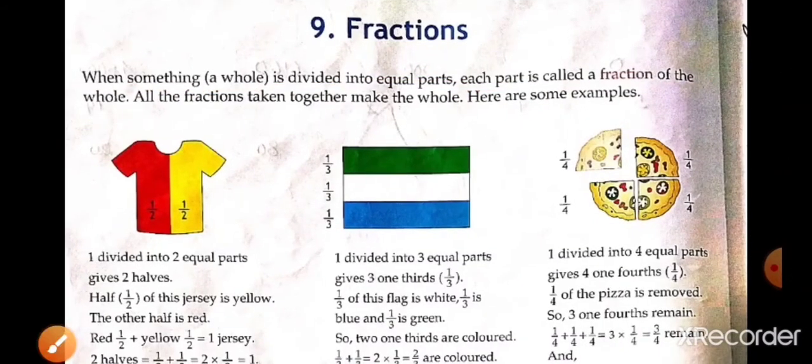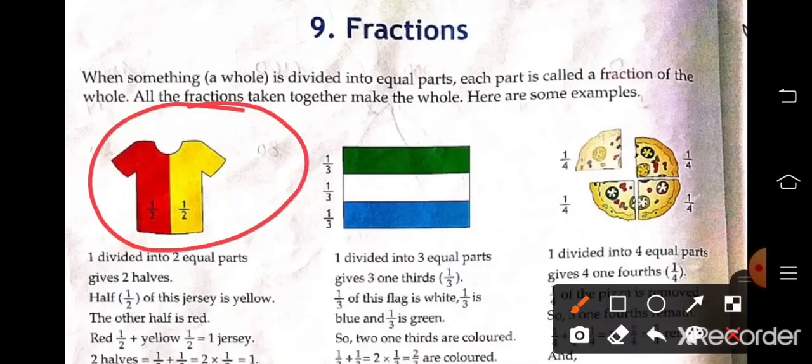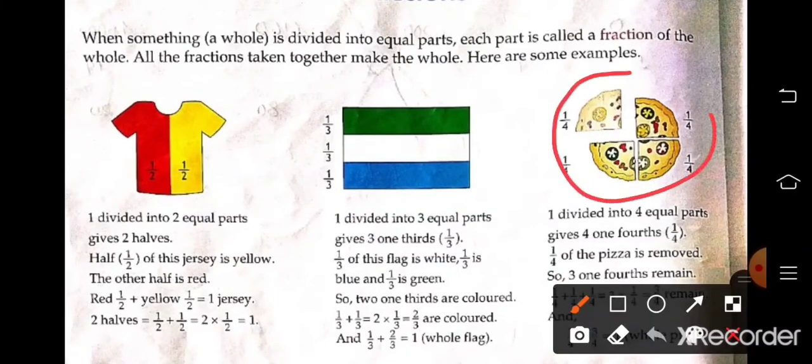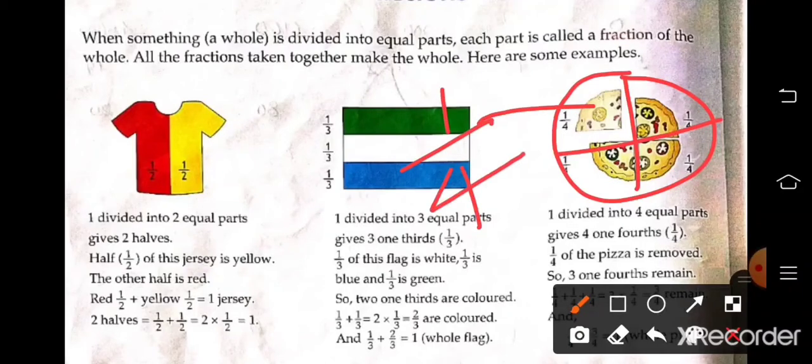It means when something is divided into equal parts, each part is called a fraction. For example, this pizza is divided into 4 equal parts. Each part is called the fraction 1/4. In 4 parts it is divided, so one part is called 1/4.